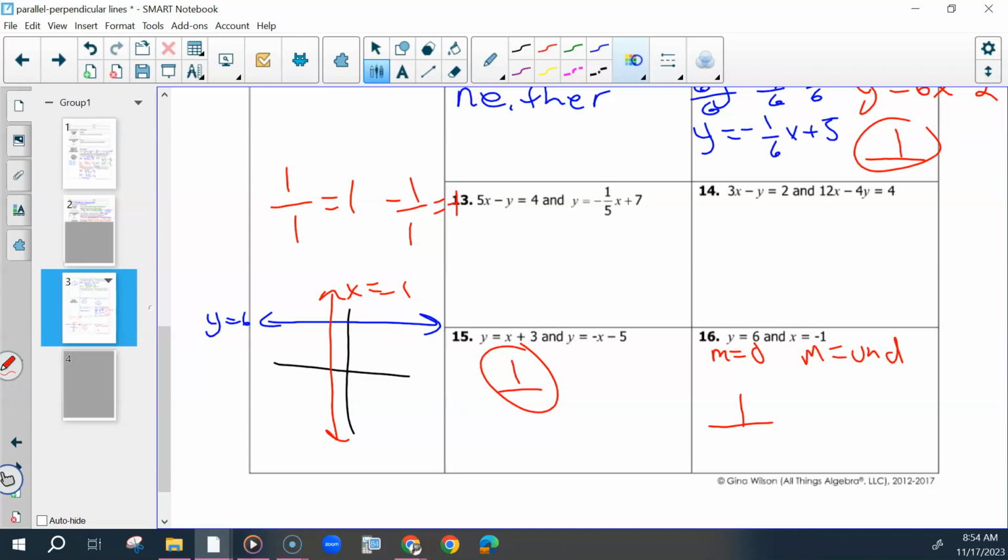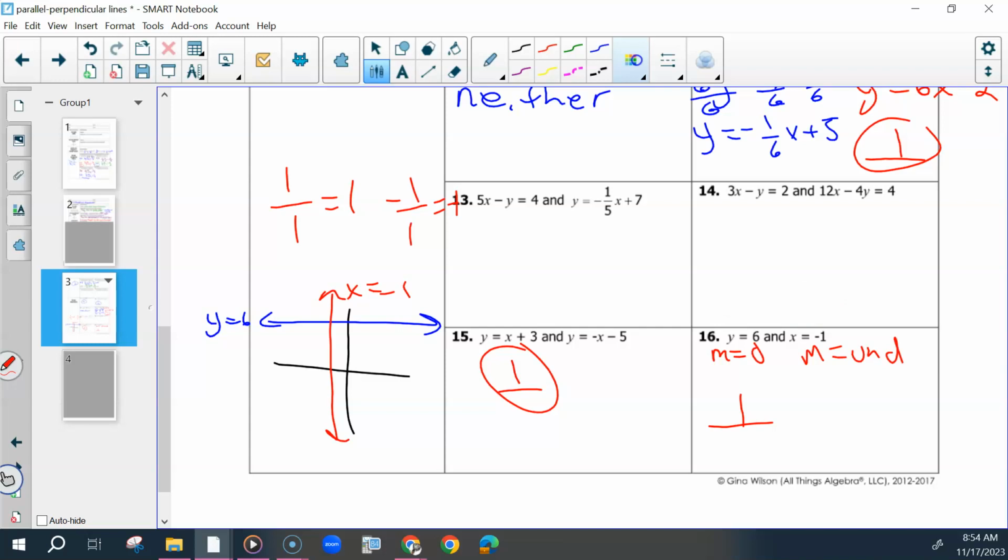Would those be parallel, perpendicular, or neither? They would have the same slope. What about x equals -1 and x equals 0? They have the same slopes. So you need to know the slopes of those in order to get those right.